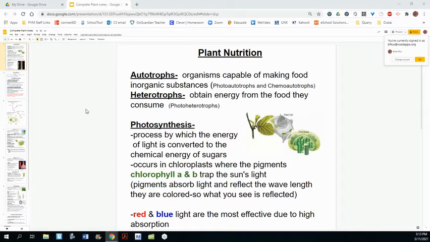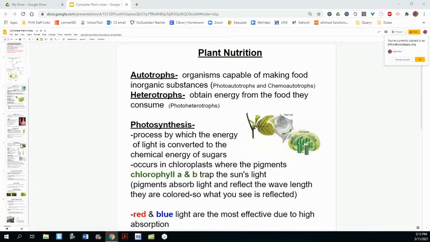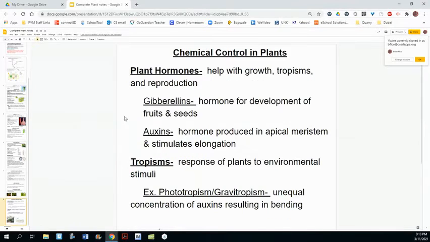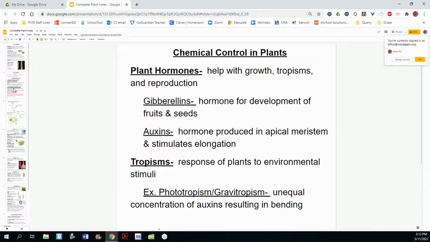But in my classes, I took the time to direct everybody down to the very last page in our plant nutrition notes, where it does talk about chemical control in plants, because even like humans, animals, and the like, they use hormones to help regulate their bodies as well. So plant hormones can include a group of compounds that regulate their body systems too.